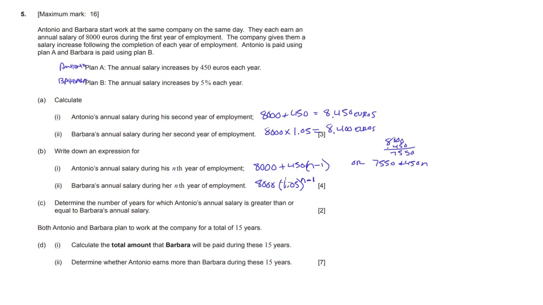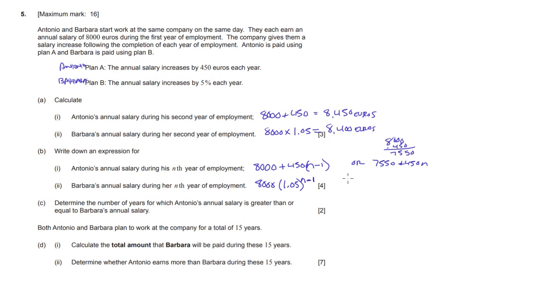Or we could take our luck on just making a table. 8450 and 8400 is really pretty close, so I would imagine they're going to intersect pretty soon. I'm going to take my chances and make a table, and if my table is not getting me anywhere fast, then maybe we'll have to go back and do a graph.